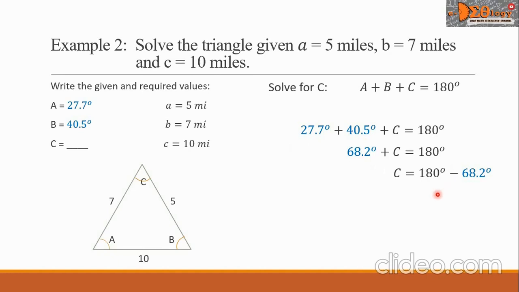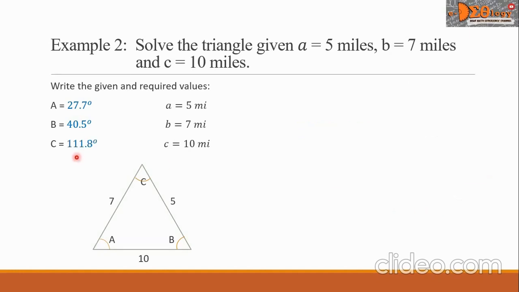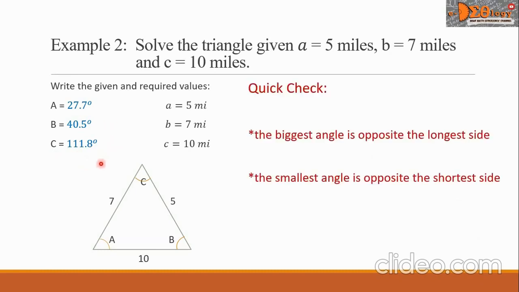So 180 degrees minus 68.2 degrees, we will have 111.8 degrees. And this is the angle C. We will copy this value on the blank here. So we are now complete with the required angles.